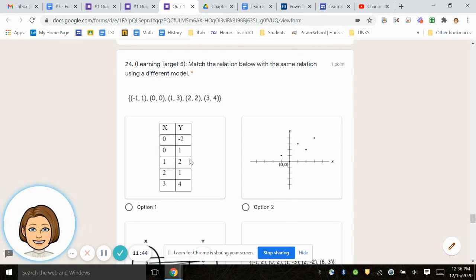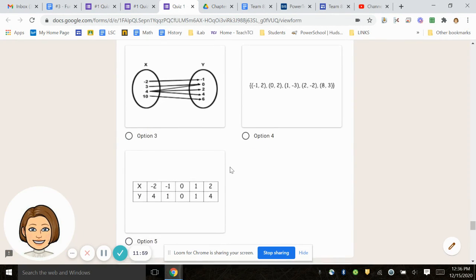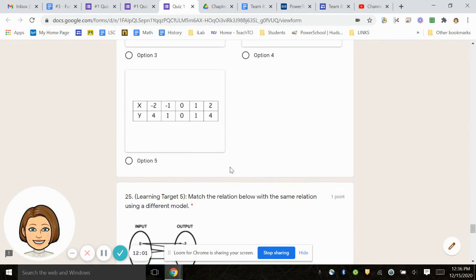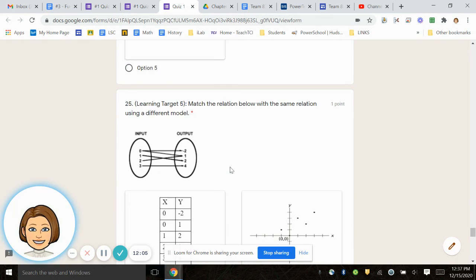24, again, you're going to match the relation with a different model. Here is your relation right here, a set of ordered pairs. See if you can find the relation that it matches to. Option 1, 2, 3, 4, or 5. Number 25, match this one as well.